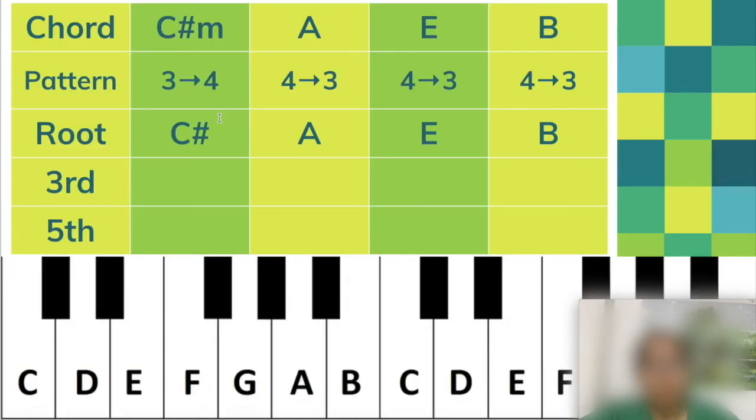Now we just have to determine how to play each of these chords. Of course, we have technology to help us with that, but it's also good to know how to actually play it on an instrument. So I'll show you in this video how I was able to get the C sharp minor chord through this pattern 3, 4.